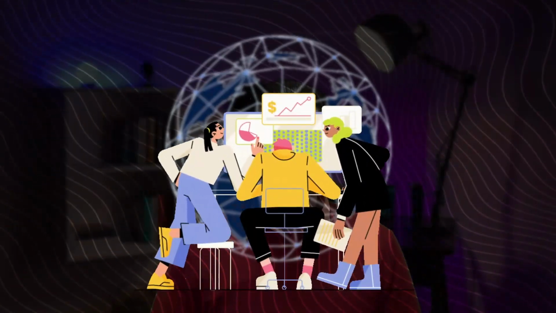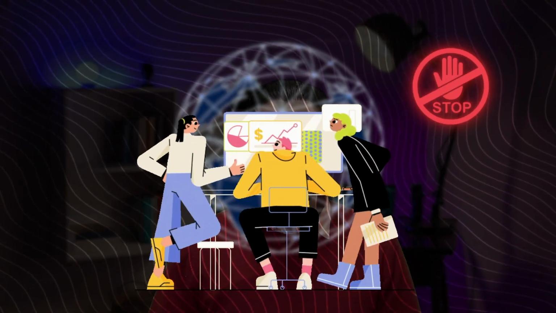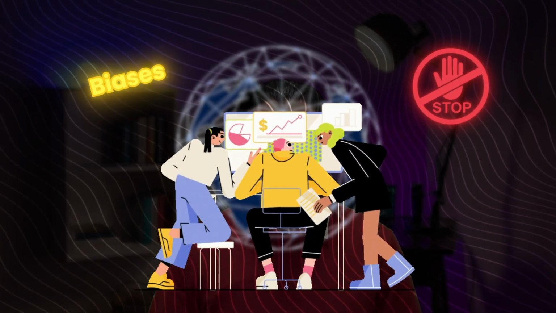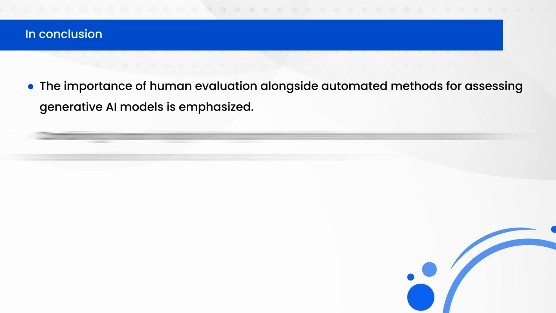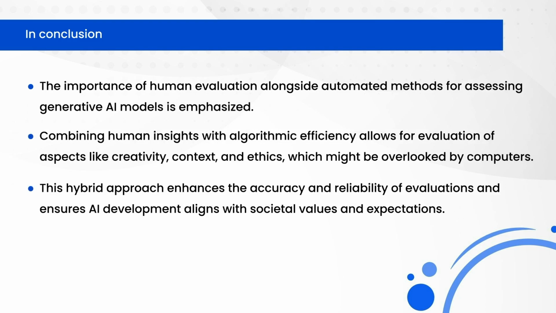By having humans oversee AI systems, we can make sure they're not just evaluated for performance, but also for fairness and ethics. This approach helps stop the spread of biases and ensures AI is developed in a way that respects human values. So, in conclusion, we discussed the importance of having humans evaluate generative AI models along with automated methods.